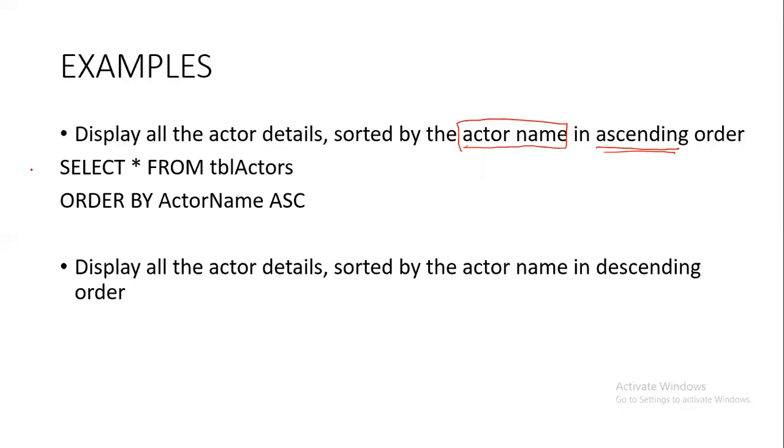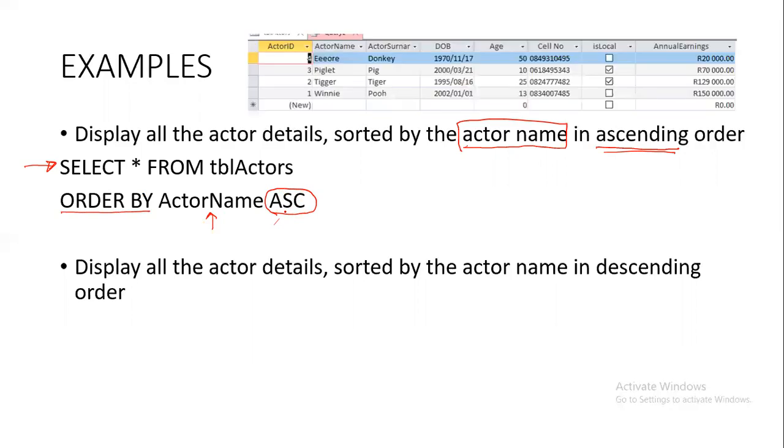That's my compulsory part. That will give me all the records. And for all the records, I want to say order by, which means sort by the actor name, and I want that in ascending order. As I indicated, by default, it will sort in ascending order. So this ASC can be omitted, and it will automatically sort in ascending order.